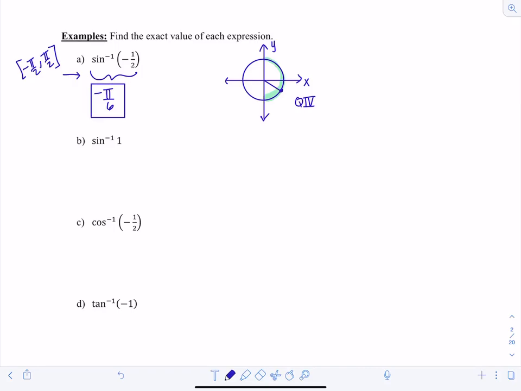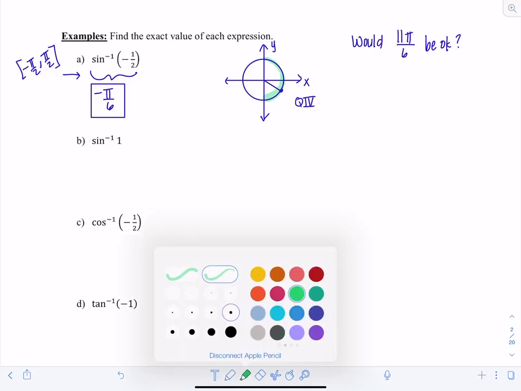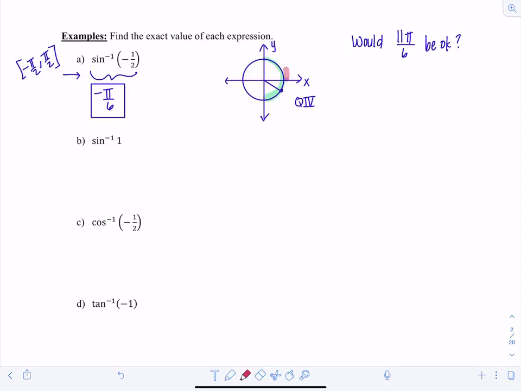Now you might be wondering, would 11 pi over 6 be okay? It's coterminal with negative pi over 6, right? So remember, positive 11 pi over 6 would be going this way, and it would be coterminal. What do you think the answer is? Would that be another possible solution?